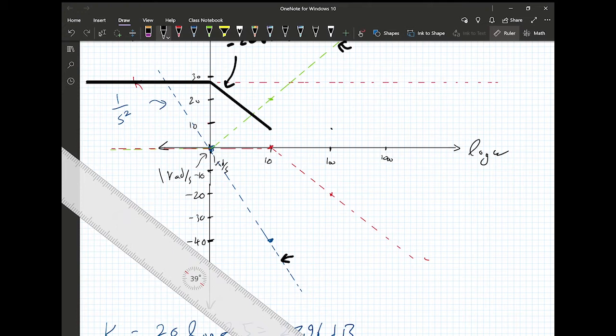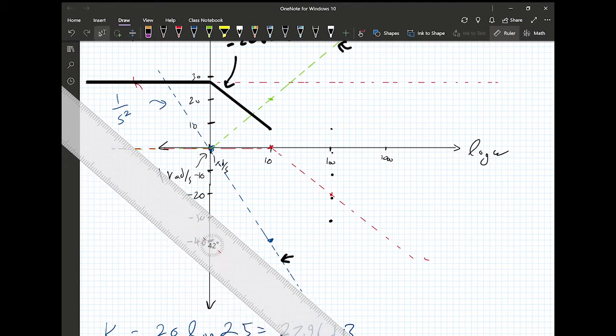So I start here and go down. Each 4 blocks is 20 dB, so this is 10, 20, 30, 40.